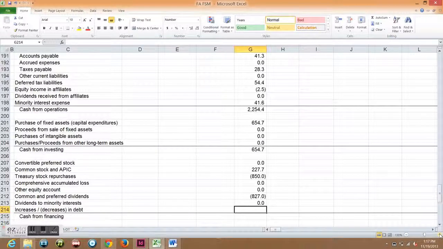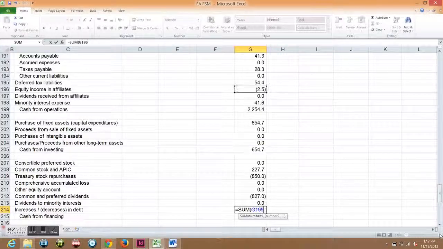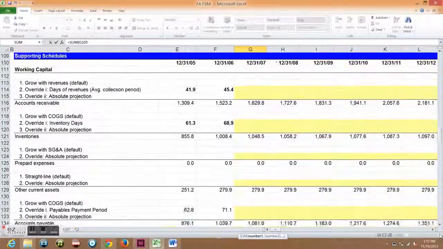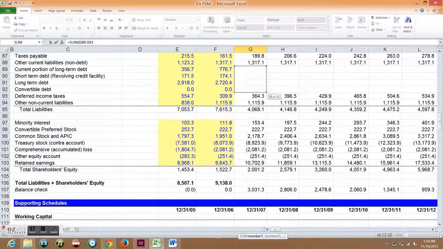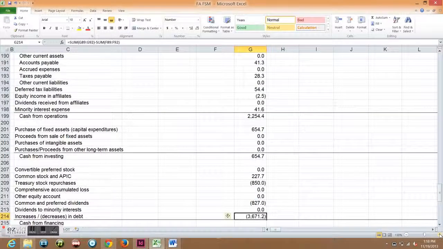And our increase and decrease in debt. And this is going to be essentially the sum of our debt for the current year, which is right now 0, but we're going to figure that out after we figure out our debt, which will be later on. So we're going to take F92, close it there, right?